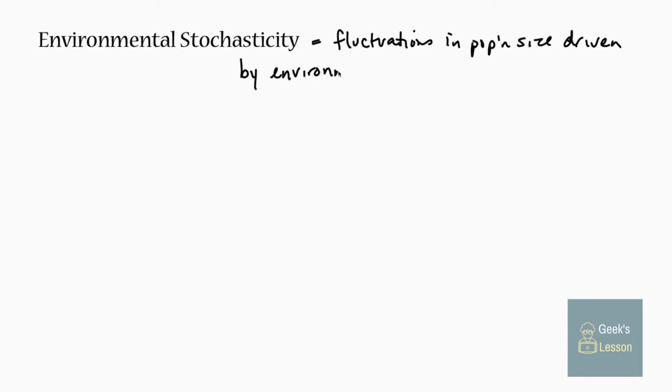Environmental stochasticity is just what it sounds like. It's fluctuations in population size driven by environmental changes, or environmental factors, I should say. And if we know anything about the environment, it's that it's a random process.